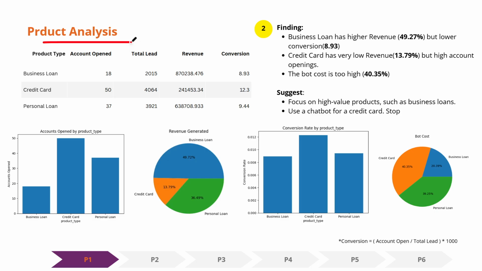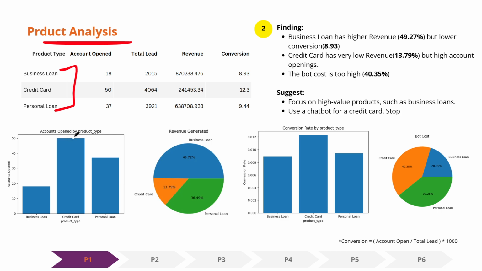So this is the product analysis. In this report, I mostly generated four types of graphs. These graphs are simple but accurate as well. In the business perspective, these four are the most useful types.